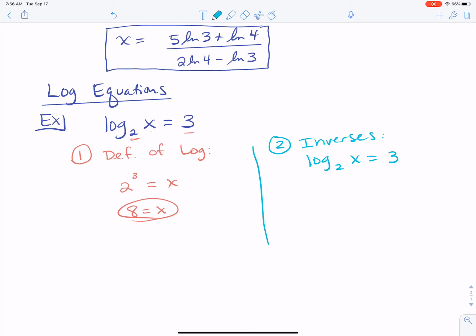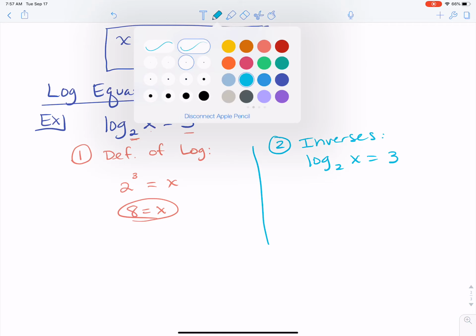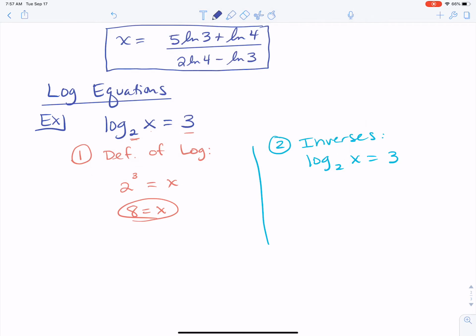But what you do is you make both of the left and the right here, you make these exponents of a large base. And the base that you choose is going to be 2, because this problem is log base 2. So what I'm going to do is I'm going to put a giant 2 here on both sides. Because remember, whatever you do to the left, you can do to the right.